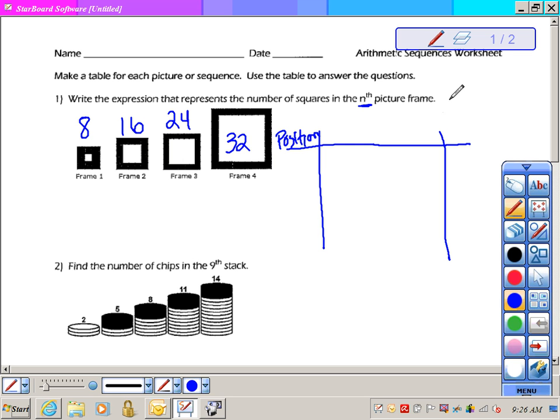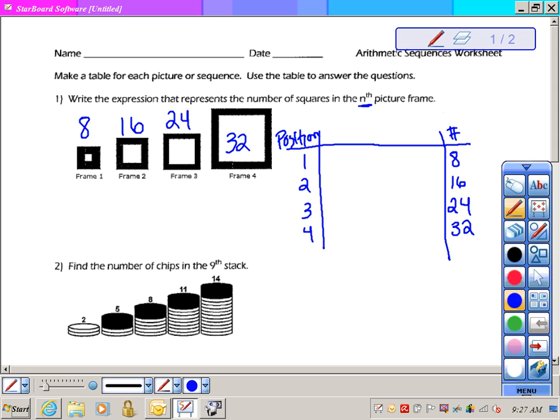And on the right, we're going to have the numbers, the number of squares that were in each frame. So position 1, frame 1, we had 8. Position 2, 16. Position 3, 24. And position 4, 32.